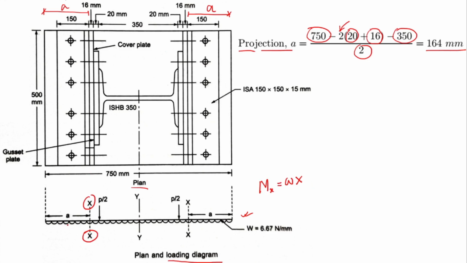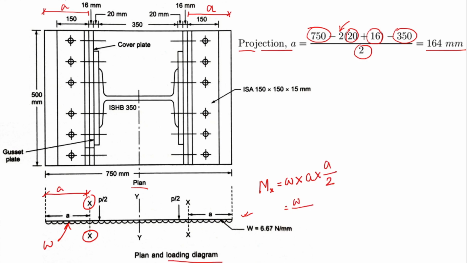As we have calculated small w, which is the pressure acting on the base plate, it will act as a uniformly distributed load throughout the base plate. So to calculate moment, small w into A is the projection over which the UDL is acting, into A by 2.